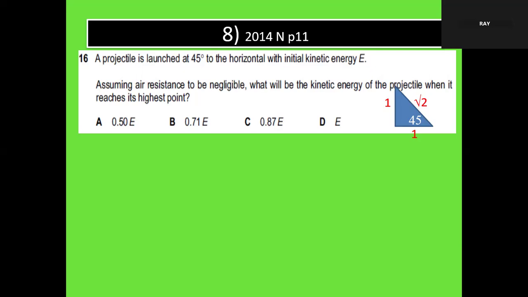Try this one, a bit more tricky. A projectile is launched at 45 degrees to the horizontal with an initial kinetic energy E. Assuming air resistance to be negligible, what will be the kinetic energy of the projectile when it reaches the highest point?